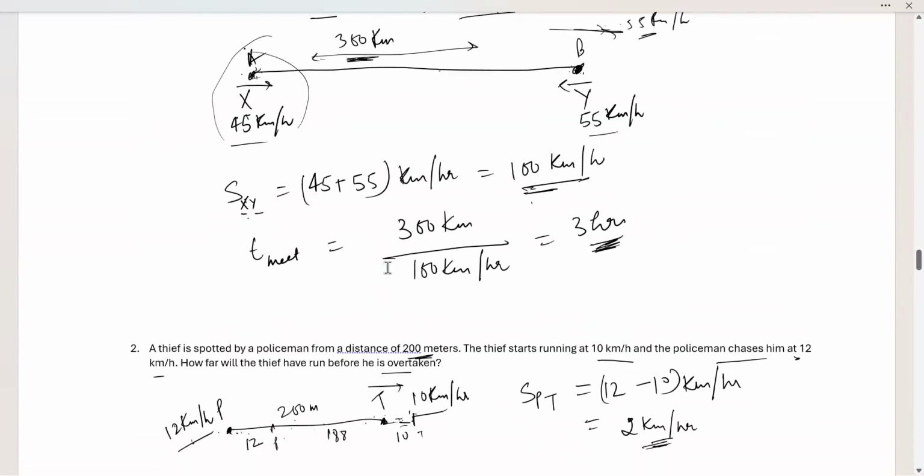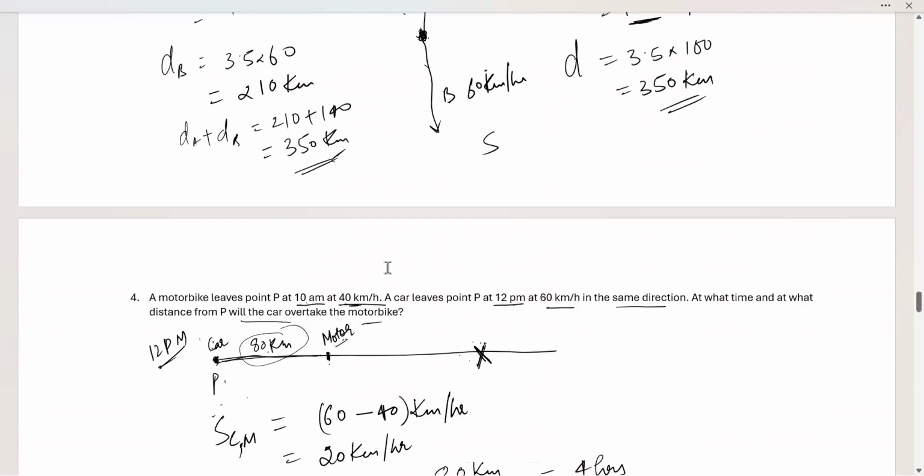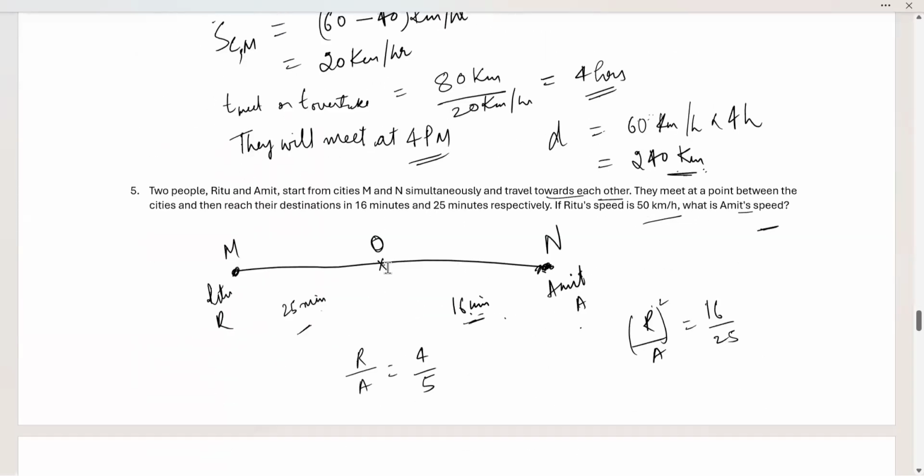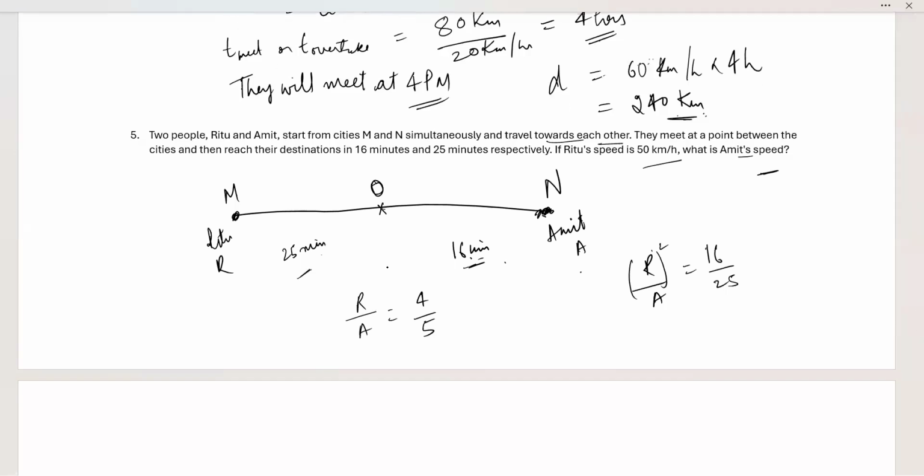So the ratio should be, I'm sorry, I have to just scroll again and again. I'm so sorry for this. This should be 25/16. So the ratio would be 5/4.